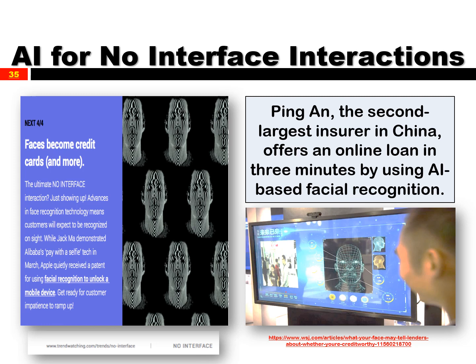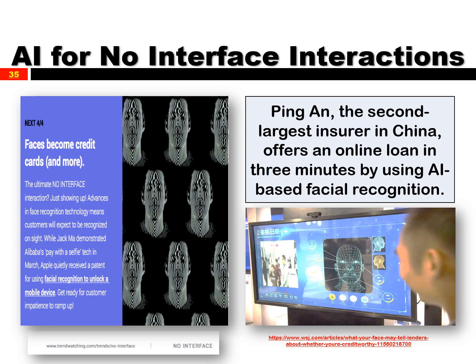Not only this, but look at this one. It's going to be tomorrow. An insurer in China offers you or not an online loan in 3 minutes. How? They use face recognition, artificial intelligence.